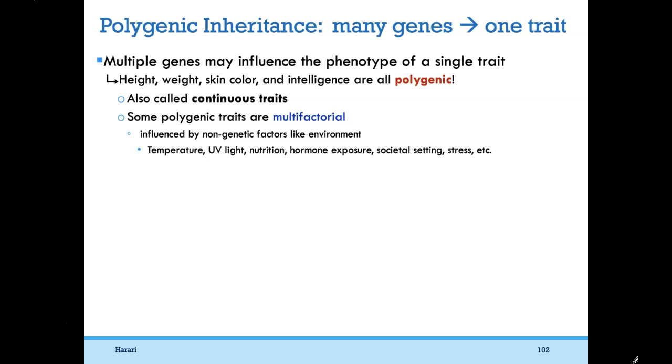When I say environment, it doesn't just mean like, oh, sitting outside in nature. The environment means things like temperature, UV light exposure, nutrition, hormones in the womb, the societal setting, your stress level, all of these things can affect multifactorial polygenic traits. A great example is like intelligence.